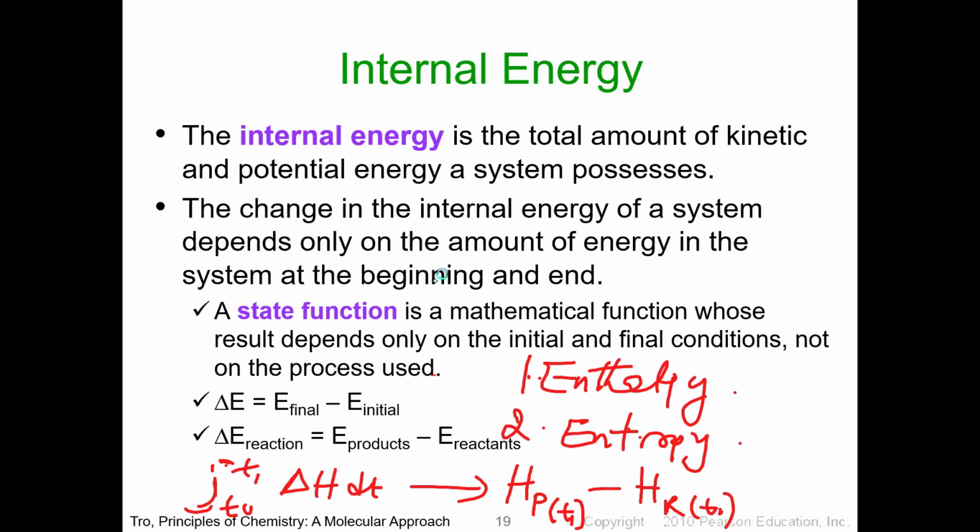So it only starts with the final and the initial. So enthalpy of the final minus the enthalpy of the initial. So that is why if you look at the internal energy itself, the internal energy change is equal to the internal energy of final minus the internal energy of initial.